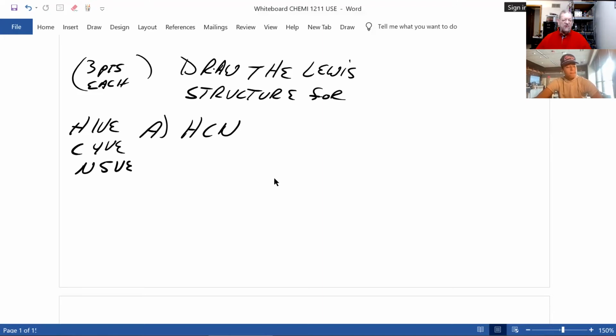And I'm going to let you have one. Hydrogen cyanide, HCN, is a molecule, and it's 3 points. It's your turn. Draw the Lewis structure for that. I will give you a big hint: carbon's in the center.